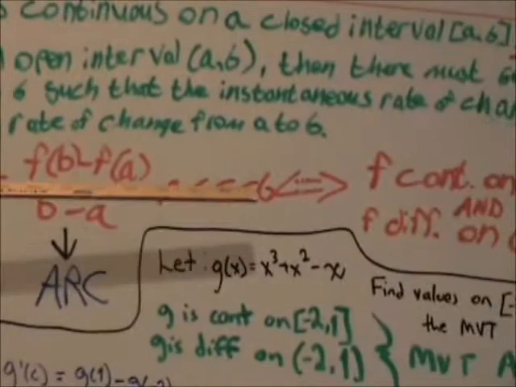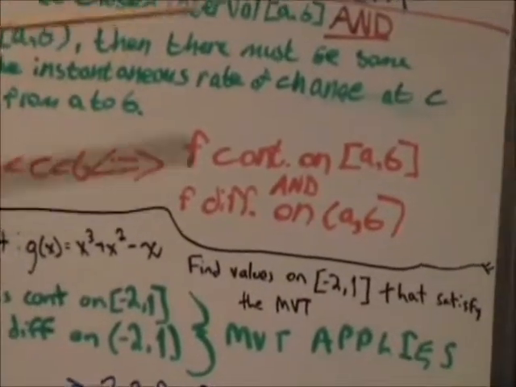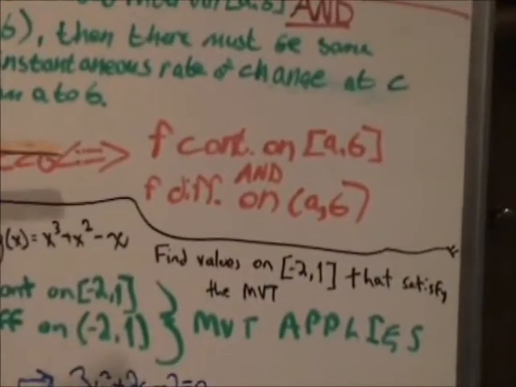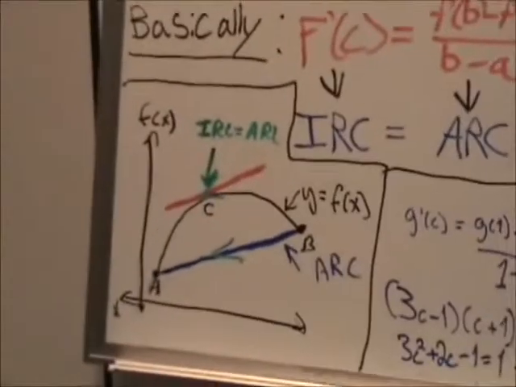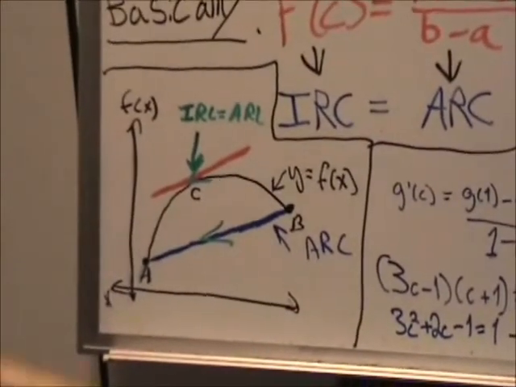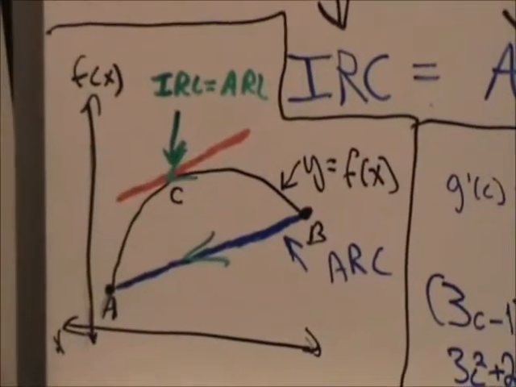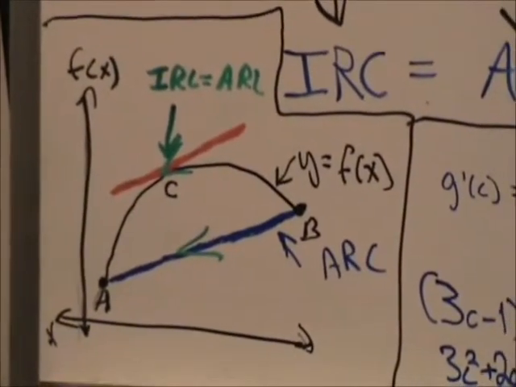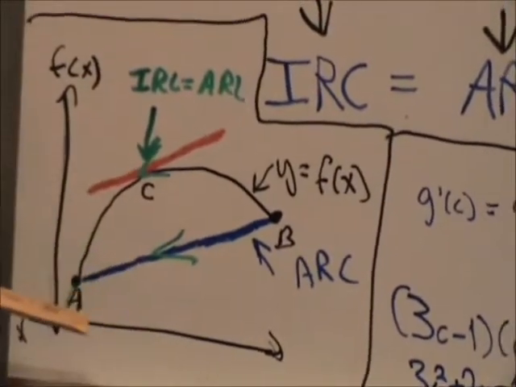on a point c between points a and b, if f is continuous on the closed interval [a, b] and f is differentiable on the open interval. So our graph here shows our f of x function, in black, and we have the average rate of change in blue.